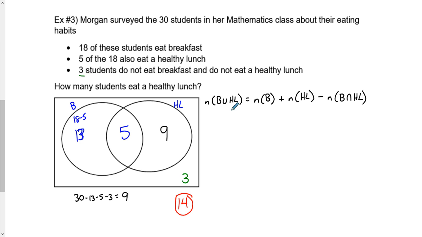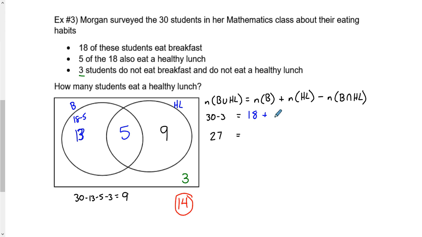How many have breakfast or a healthy lunch? Well, that would be 30 subtract 3, as it says that 3 don't eat either. How many eat a good breakfast? It says 18. We don't know exactly how many are eating a healthy lunch, but it says 5 of the 18.